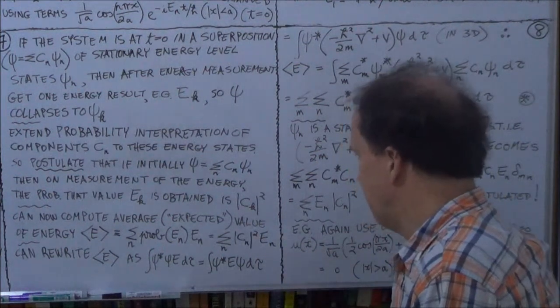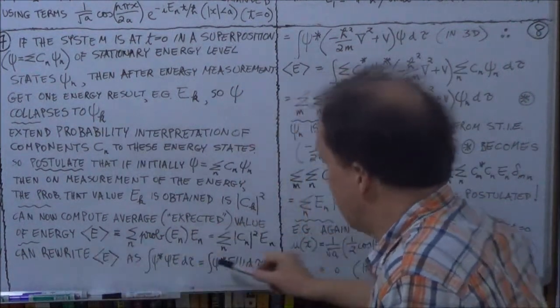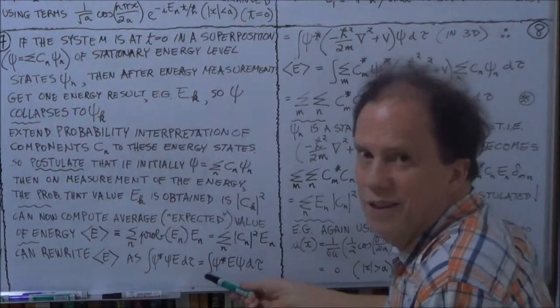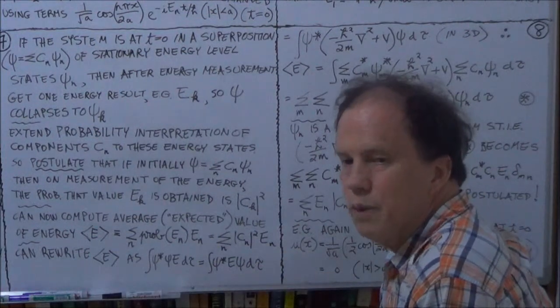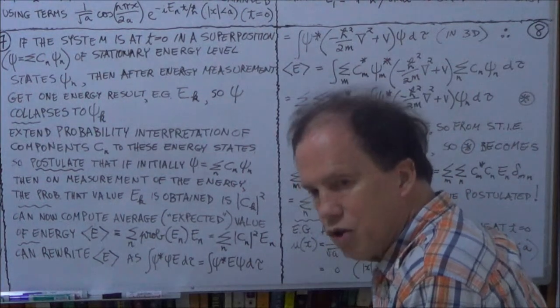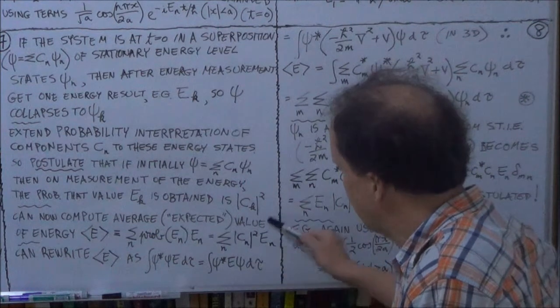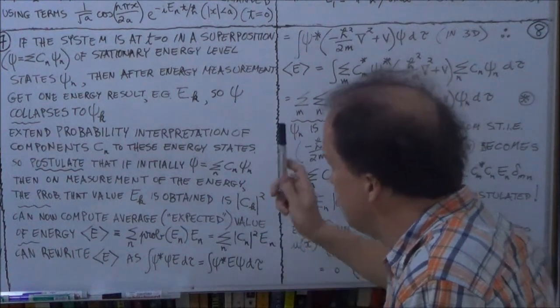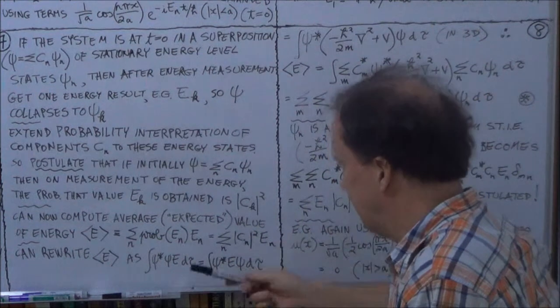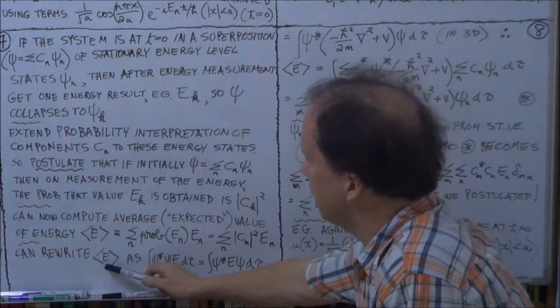This last line here is the first line of our confirmation proof, if you like. What we're doing now is taking Schrödinger's equation and trying to get this result by rewriting.